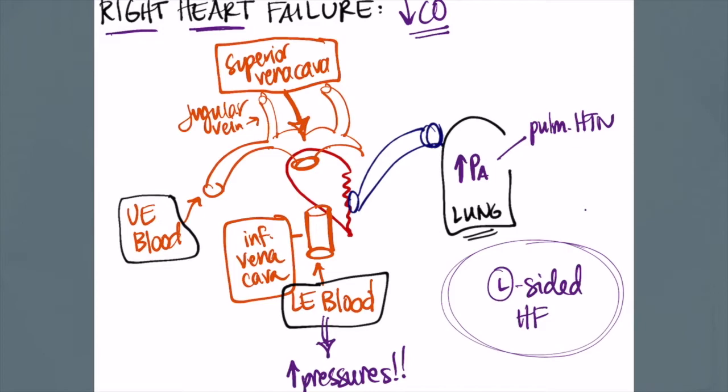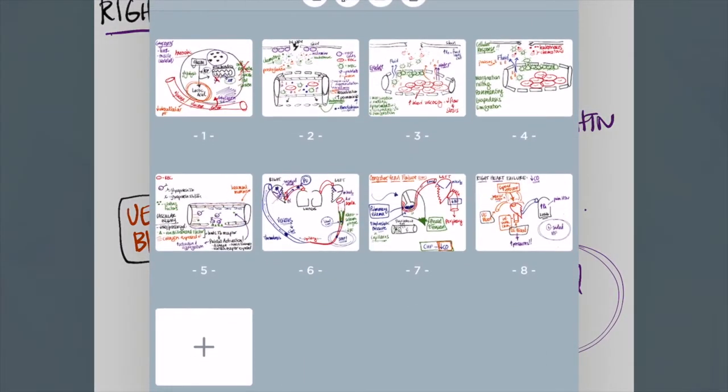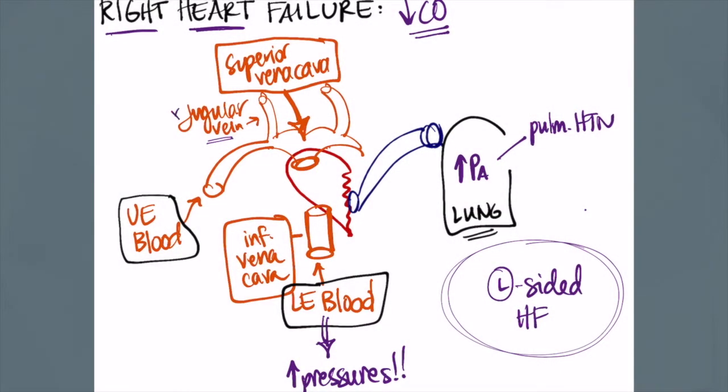So that's where I added a little extra anatomy here. You can see the jugular veins come right off really the top of the heart. The superior vena cava feeds from the jugular vein. So if pressure is building up, you can see the jugular veins actually become large and distended. They're in a visible part of our neck.